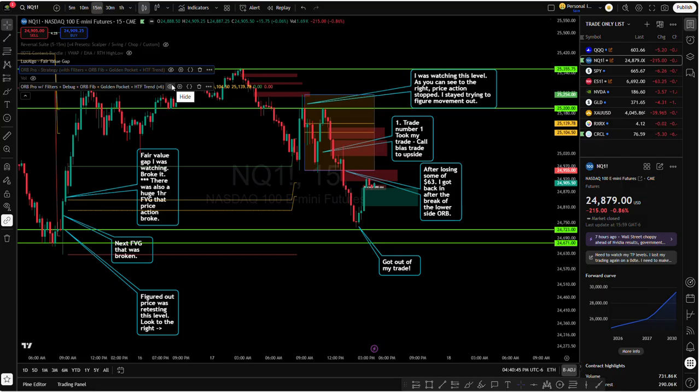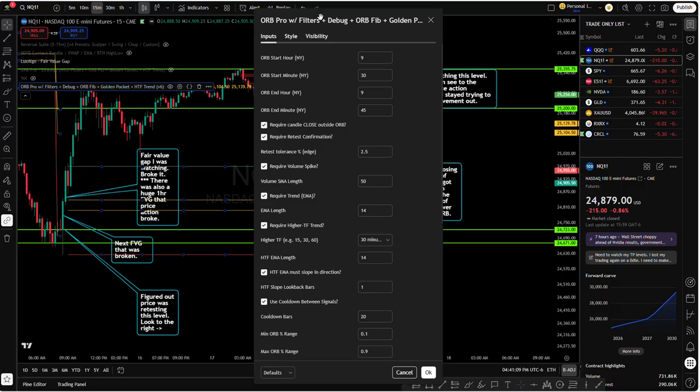What I created was this ORB type indicator and just wanted to go over it because I do have some people asking some questions. I also have some people using the ORB indicator and having great success on it as well. So just kind of wanted to give you a few minute breakdown of how things are.